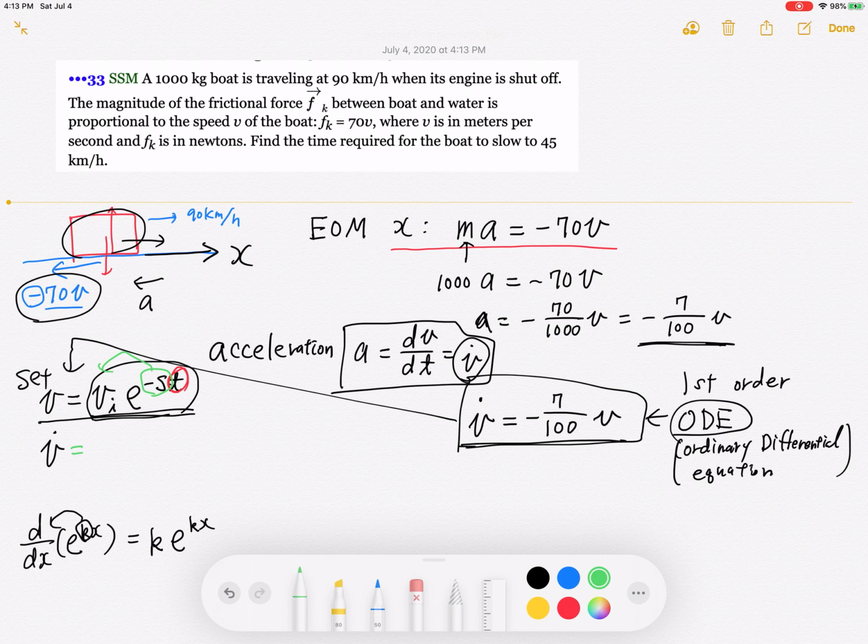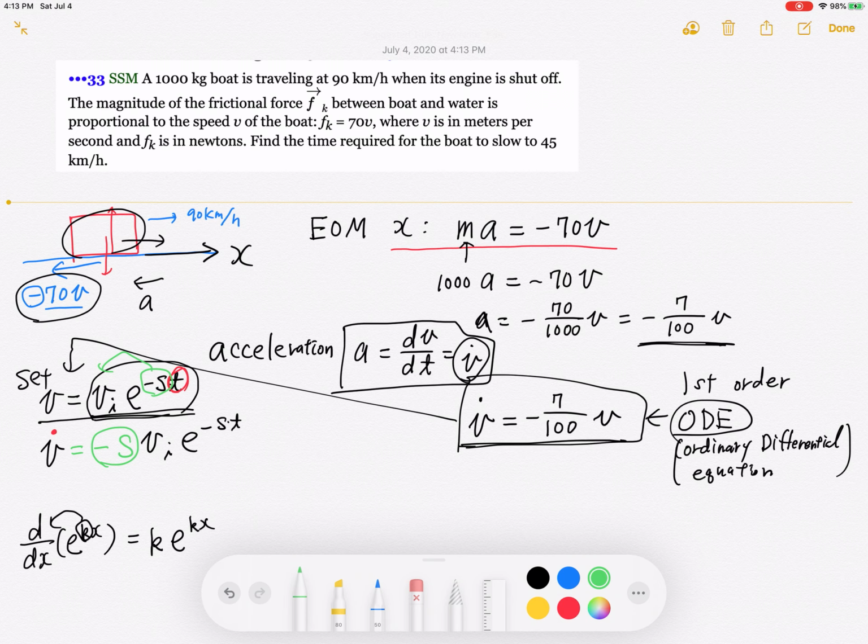Therefore, the first order derivative of v with respect to time will result in negative s vi e to the negative st. Okay, this thing comes out. This negative s comes out.